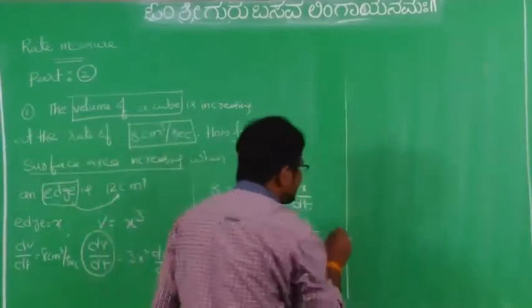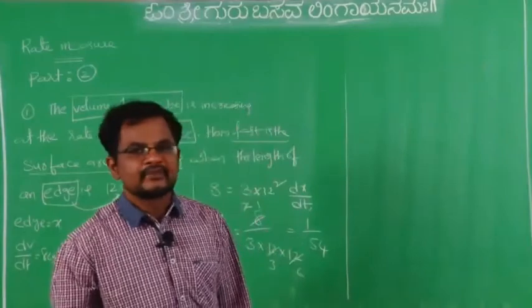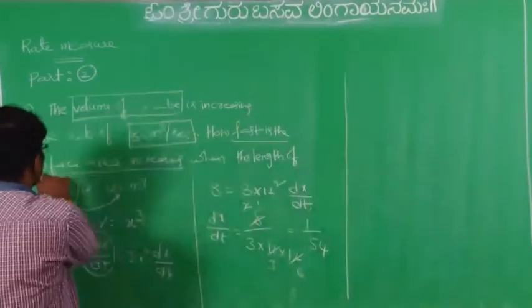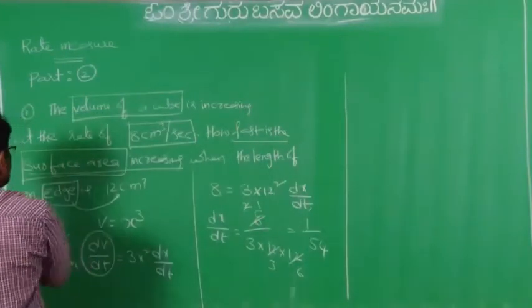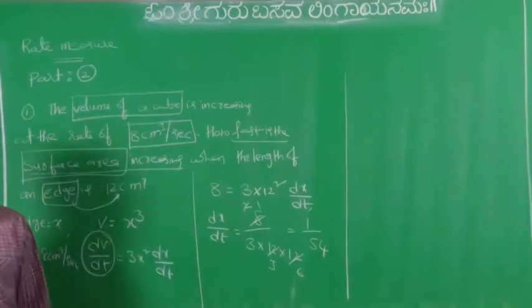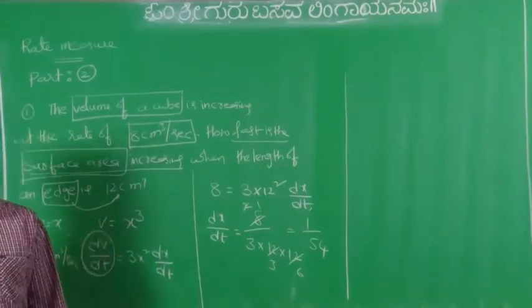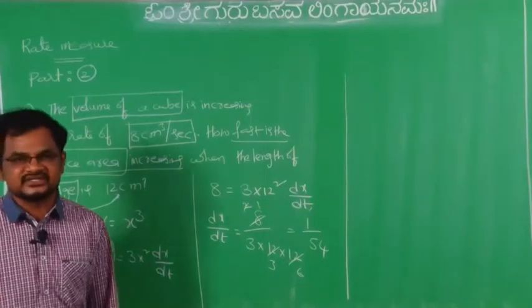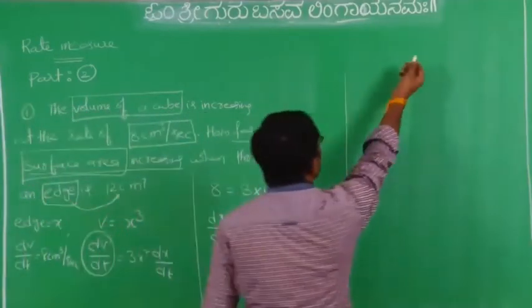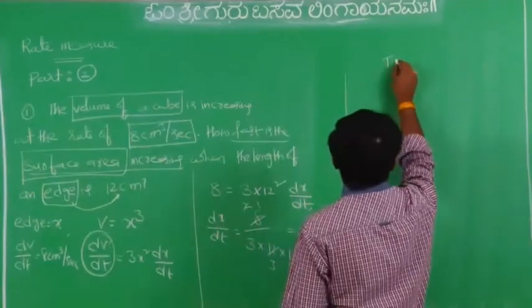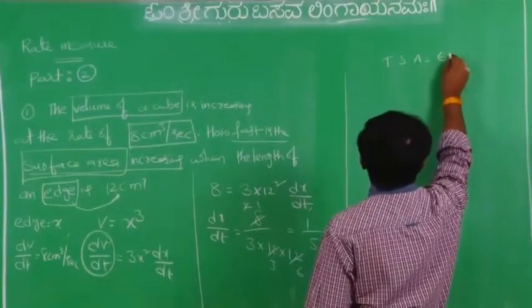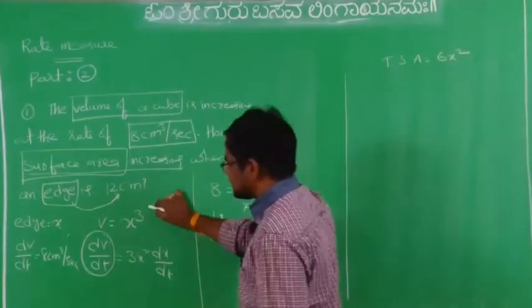Now our requirement is what? Surface area. Means here which area? Total surface area is there and lateral surface area not mentioned, means you consider it as total surface area. Now what is the total surface area of the cube? 6, here x you taken, no?